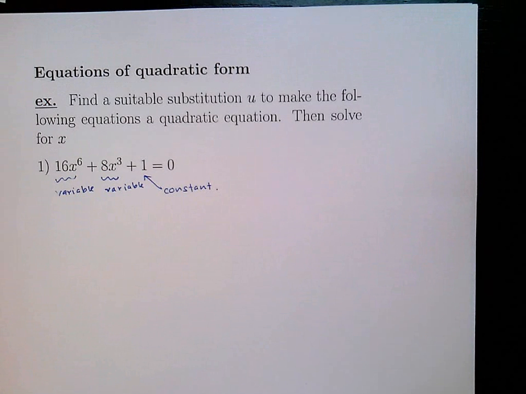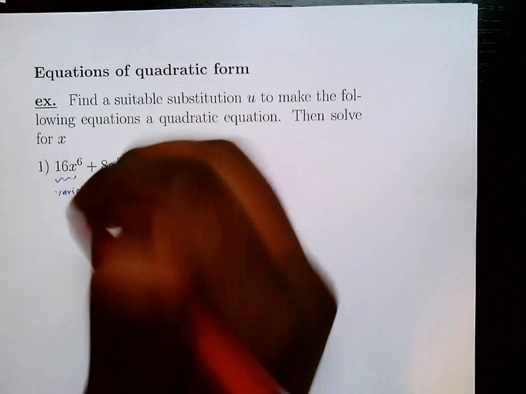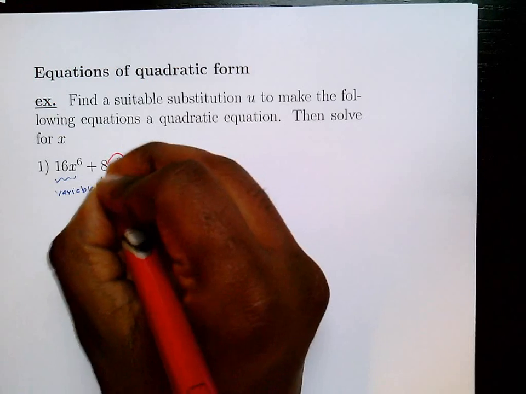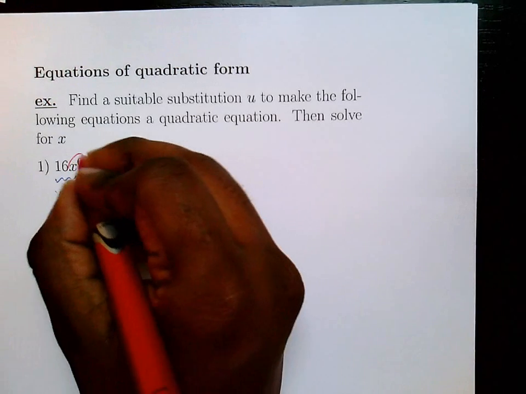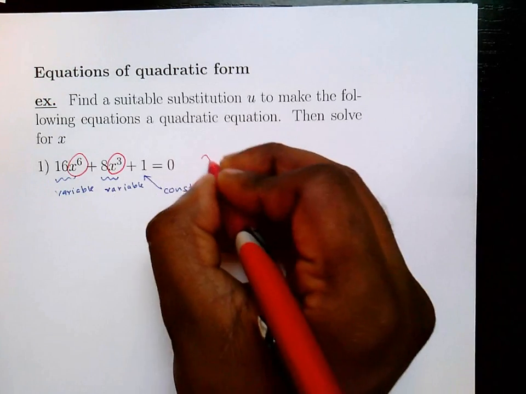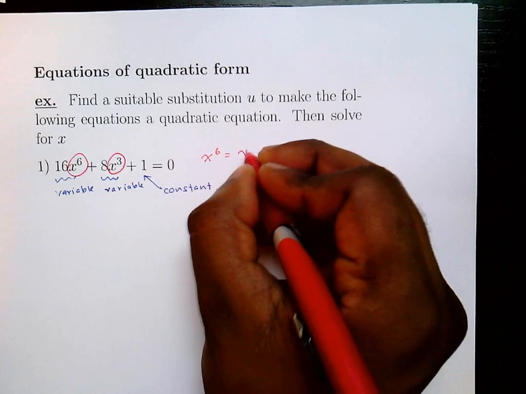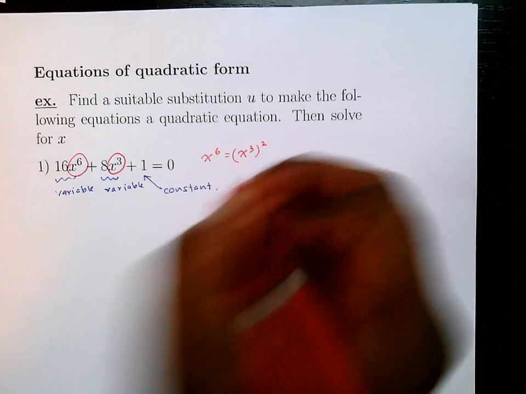Okay, now the quadratic equation also has that property: a variable term, another variable term, and a constant term. And then this variable part and this variable part are related, because x to the power 6 is equal to x to the power 3 squared.